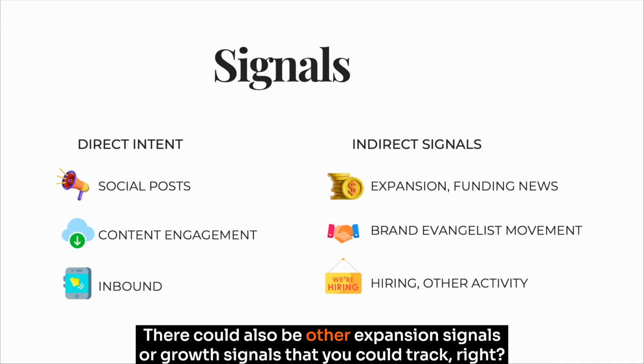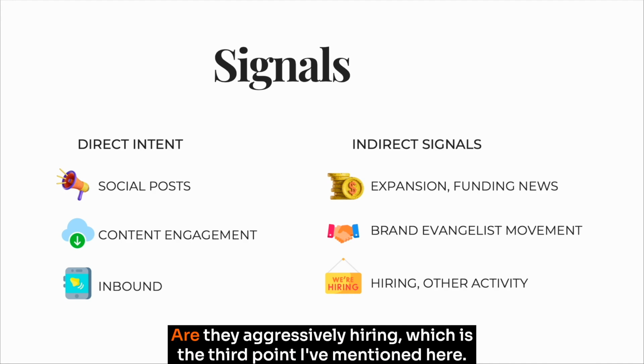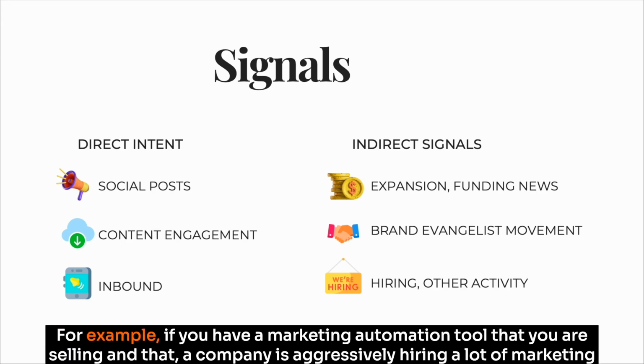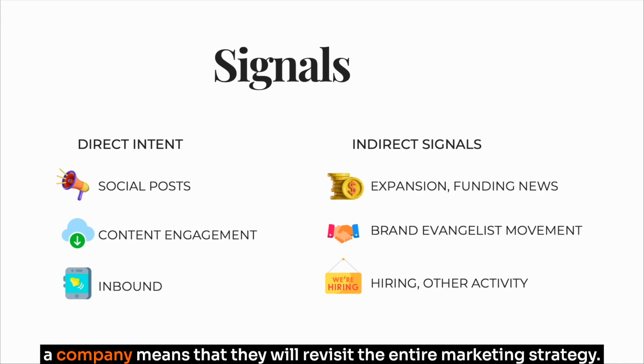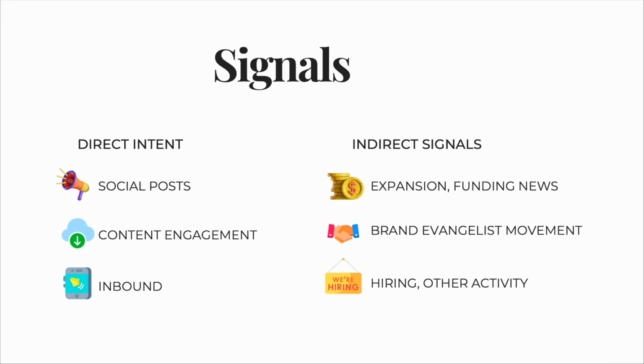There could also be other expansion signals or growth signals that you could track, right? Are they aggressively hiring, which is the third point I've mentioned here? For example, if you have a marketing automation tool that you're selling, and a company is aggressively hiring a lot of marketing people, or if they've recently hired a chief marketing officer, usually a CMO joining a company means that they will revisit the entire marketing strategy.